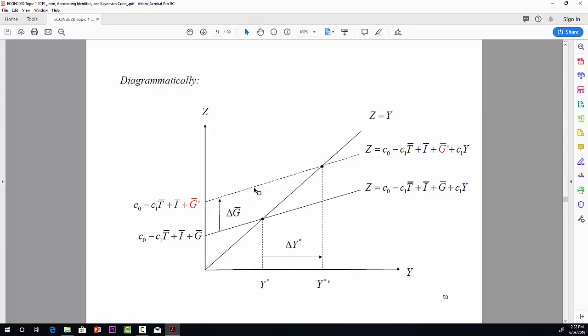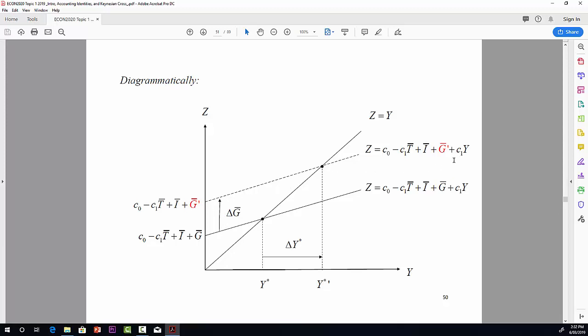But with the same slope, we're going to have a higher value of equilibrium Y. Because there's a positive slope, you'll notice that the change in Y that we get out of this is bigger than the change in G bar. That's because we've got a positive slope C1.